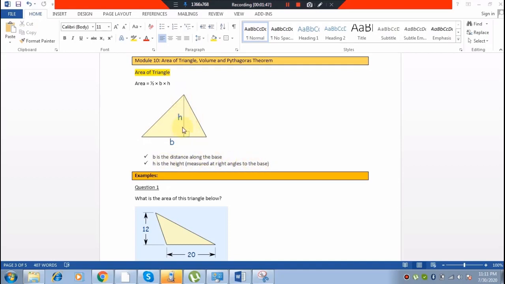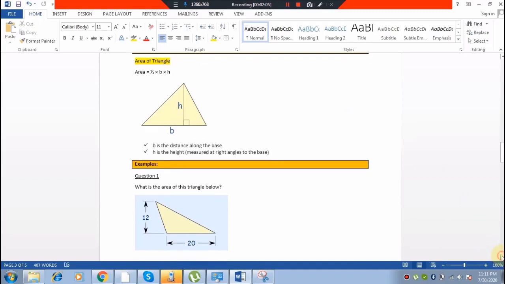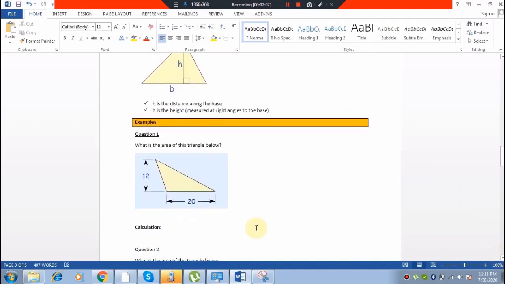That is indicated here as your height. In mathematics we just need to work with examples, as many as we can, so that we can see if we are on the same page. So what is the area of the triangle below? The base is 20, and the height is 12 centimeters.